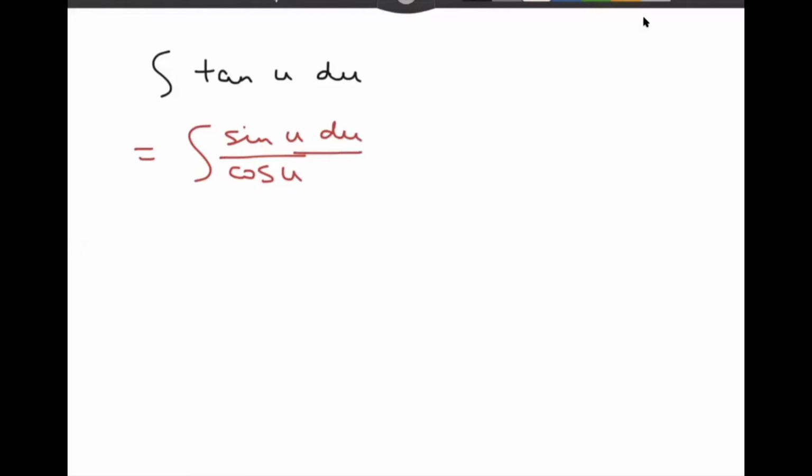All right, and now this is going to be a substitution. I guess I shouldn't call it a u substitution because we're already using u. So why don't we make it a z substitution? I'm going to let z equal cosine u, which means that dz is going to be the derivative of cosine u, which is, I hope you said, negative sine u du.